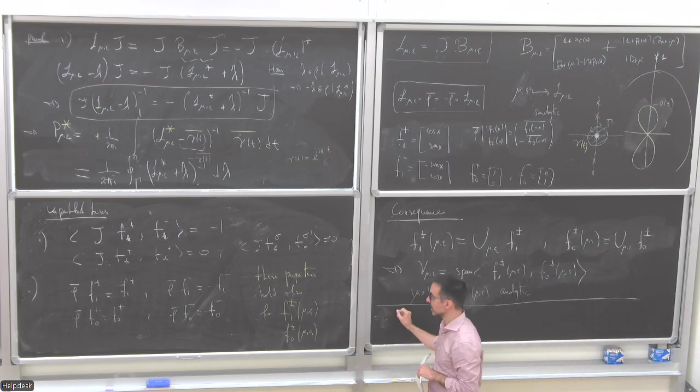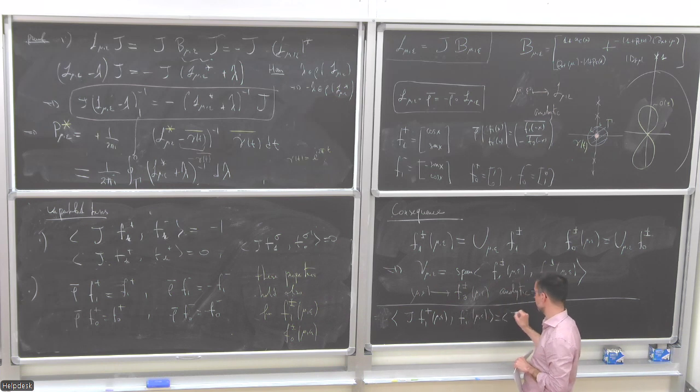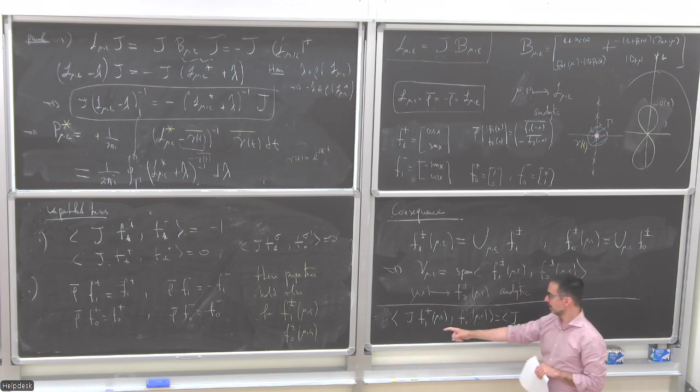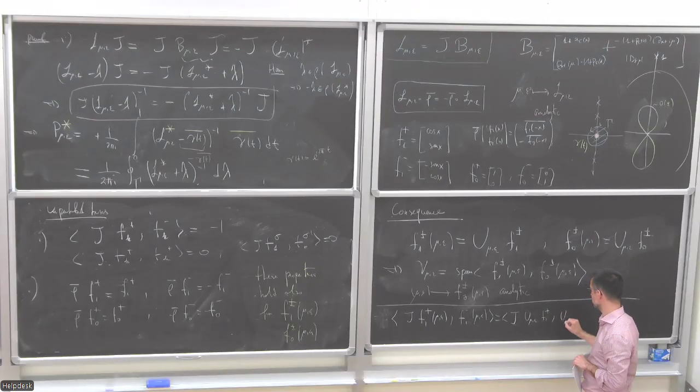So let's check, for example, J F1 plus mu epsilon against F1 minus mu epsilon. But what is this? By definition, this is J applied to U mu epsilon F1 plus, against U mu epsilon F1 minus.